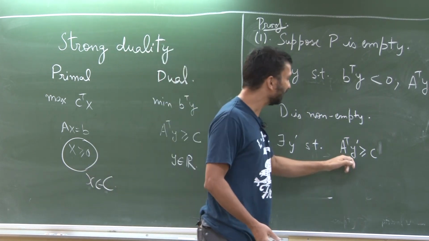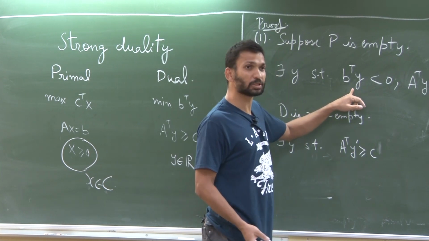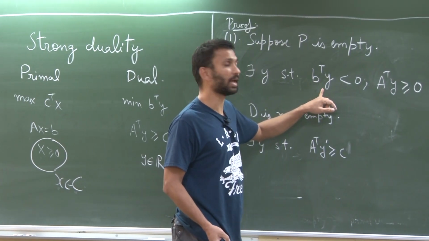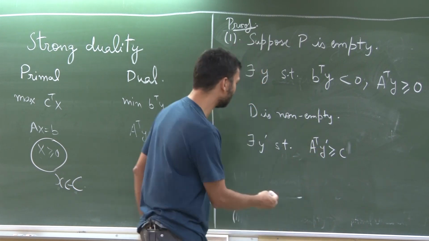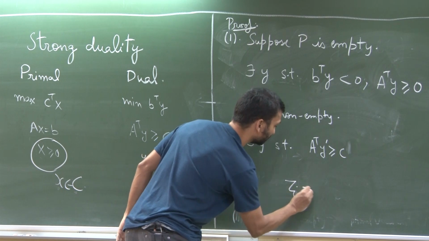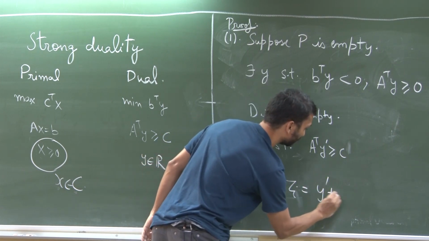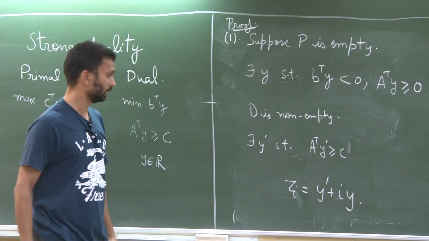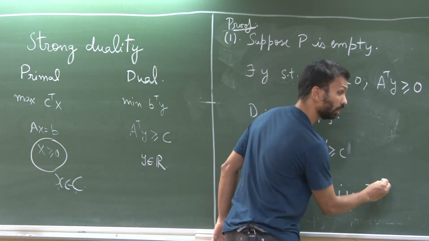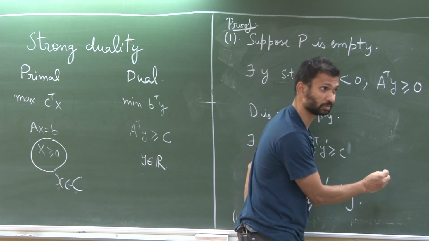Exactly. If I take y prime, add multiples of y, what happens? Is this constraint violated? It cannot be, right? So look at these solutions. They are all dual feasible.